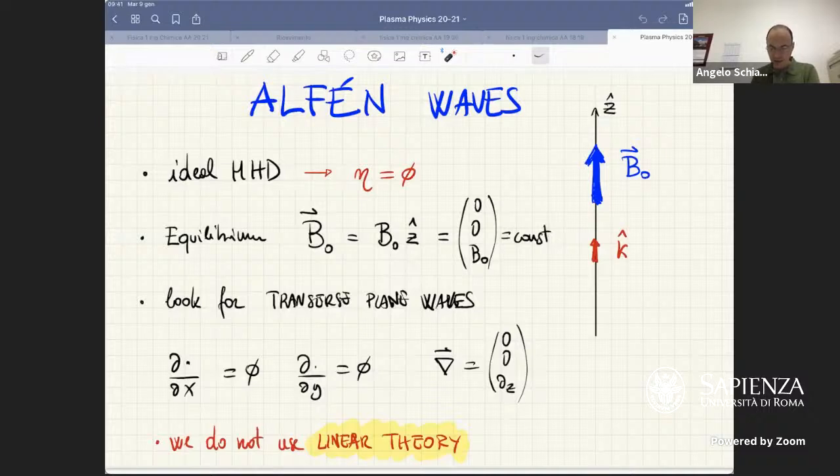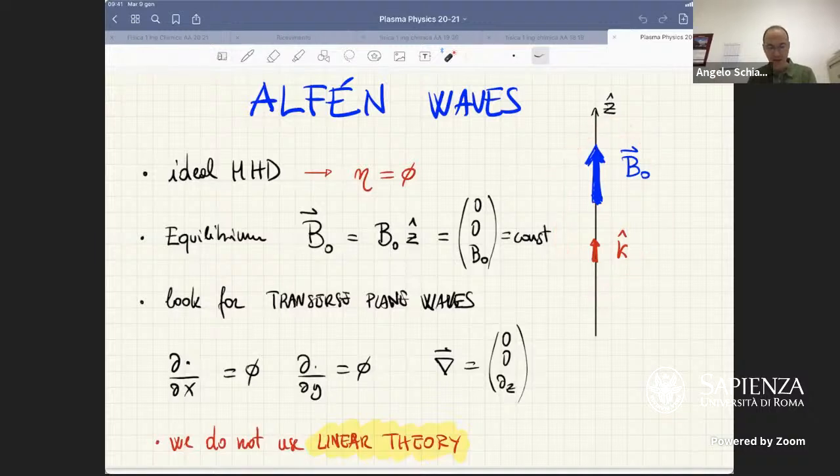that have oscillating variables. In our case, it will be the magnetic field and the fluid velocity that are oscillating in a transverse direction with respect to the wave. The direction is given by the field lines of the magnetic field.